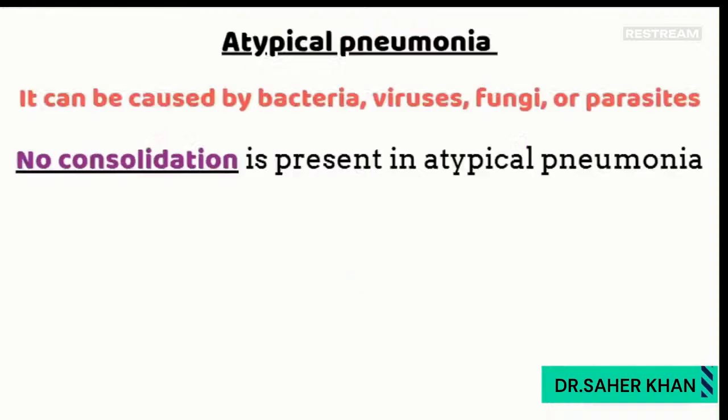I think you might have figured out the correct answer here, but to make it more simple, let's understand atypical pneumonia. Atypical pneumonia can be caused by bacteria, viruses, fungi, and parasites. And remember that no consolidation is present in atypical pneumonia.